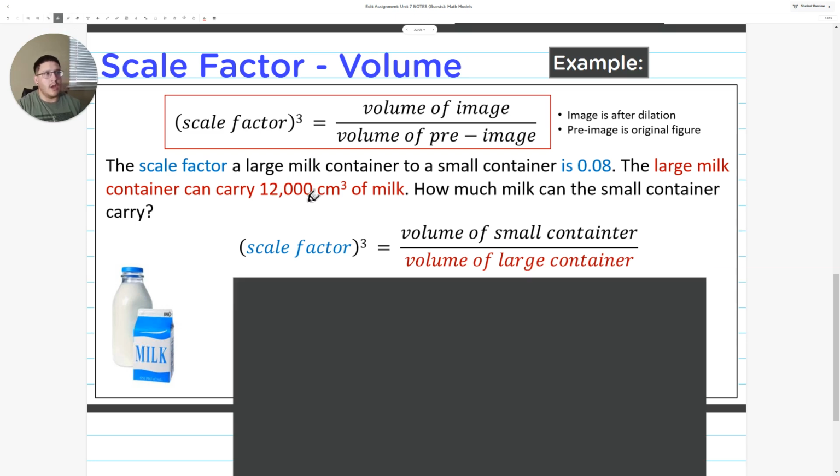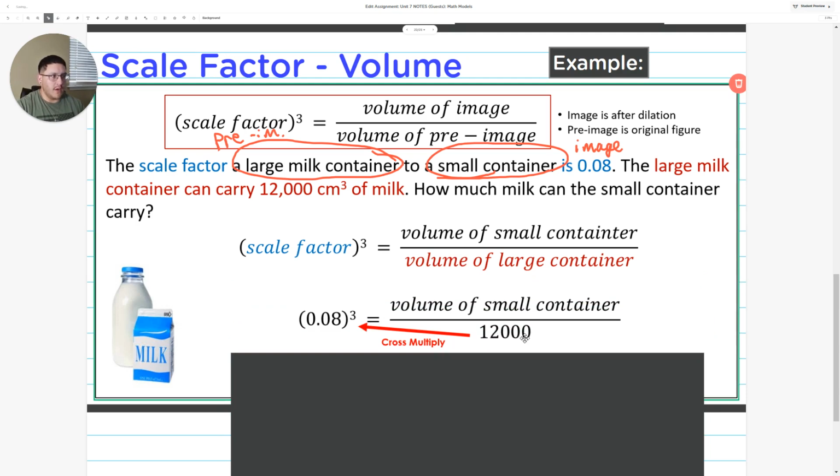So the large is the original, and then the small is the image. Or I shouldn't say original, I should say pre-image. But anyways, that's it. Then fill that out.